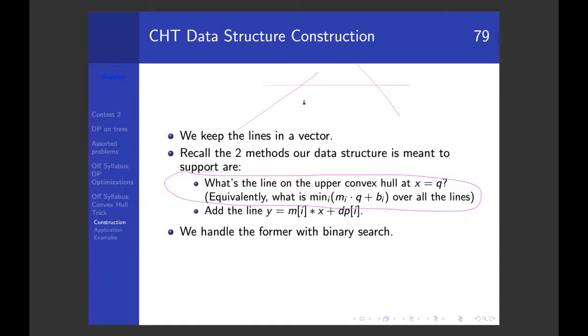We check the intersection of this line and the next line, and if our x coordinate is before this intersection, then we're on this line or before. If our x coordinate is after this intersection, then we binary search afterwards. That's how we binary search on the hull.